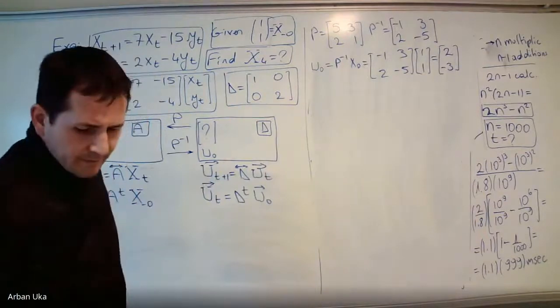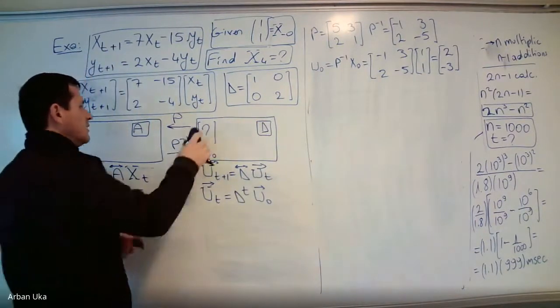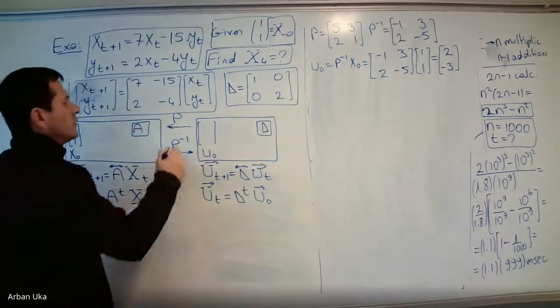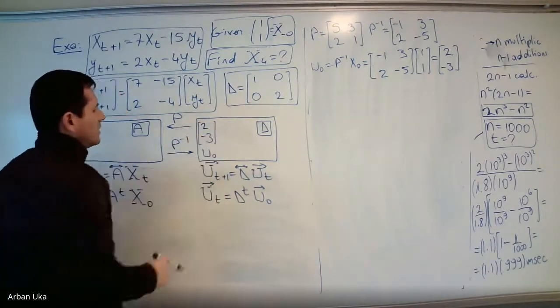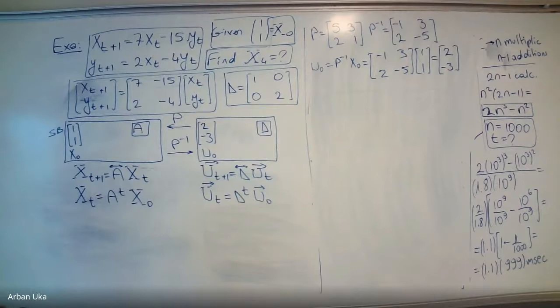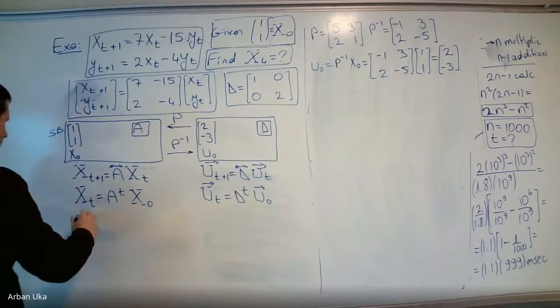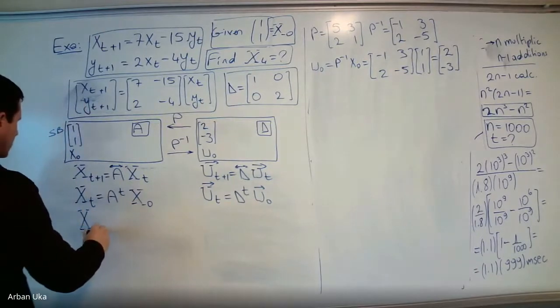So it looks like we start the evolution from the initial condition from a value of 2, -3 in this domain. Okay, that's good. And then the question is, how can we find U4? Because we are asking here for x4.